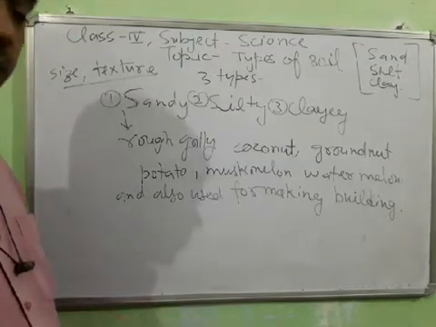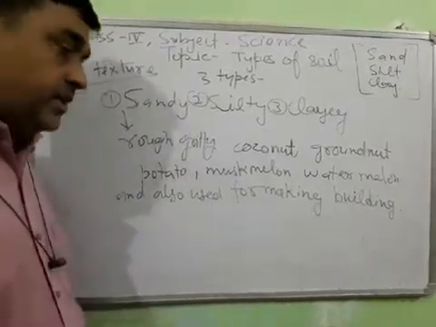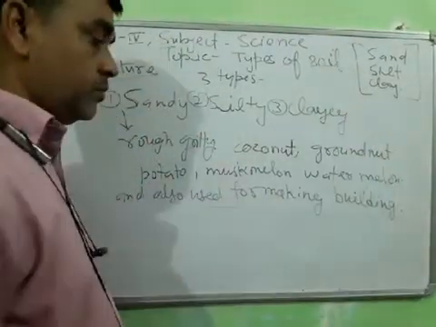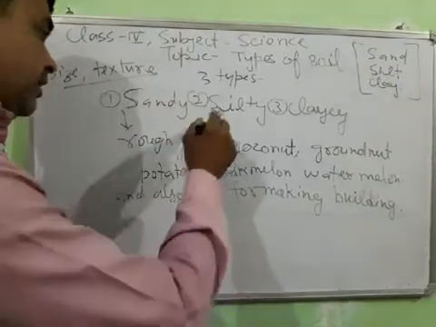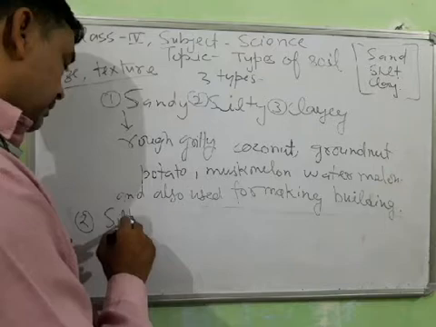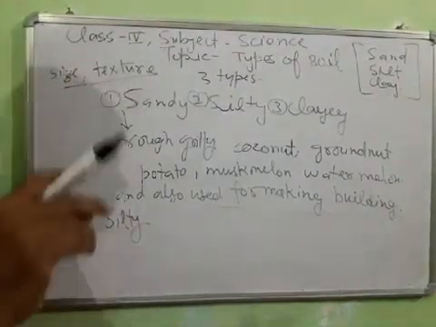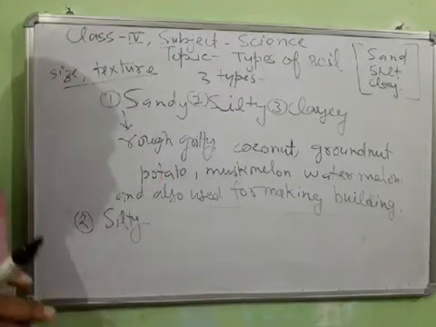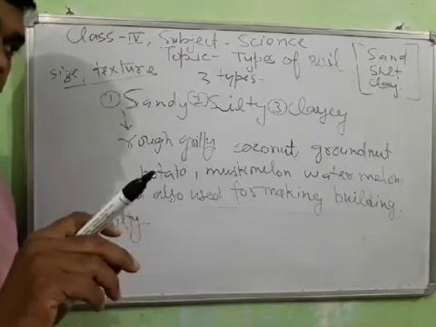It is also very useful for constructing buildings. Now students, we are going to the second, silty soil. Silty soil is much smaller in particle size than sandy soil, and it holds some water and moisture.